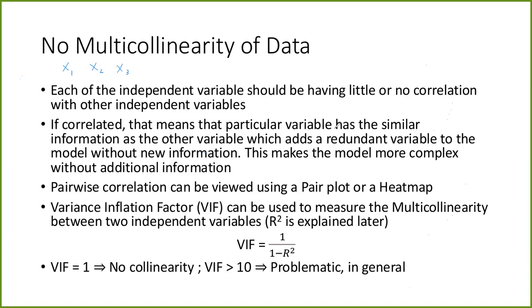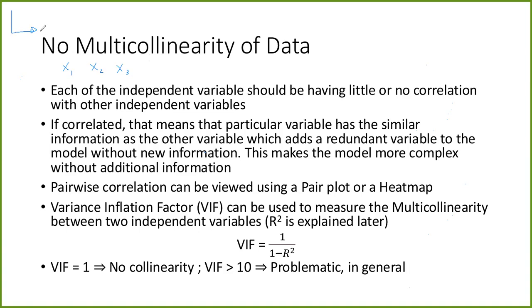So the idea is that these independent variables bring a new amount of information to the model, right? When you draw the scatter plot, or look at the pair plot, you can easily see whether there's this multicollinearity.